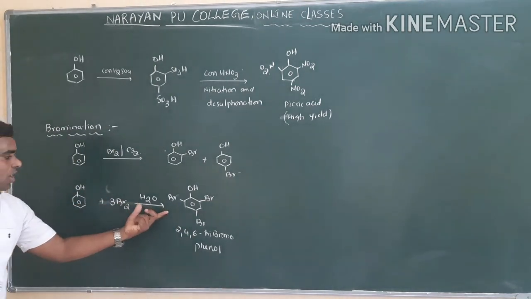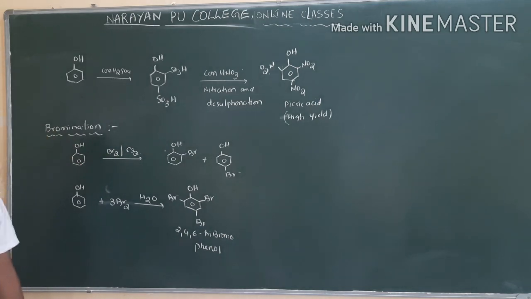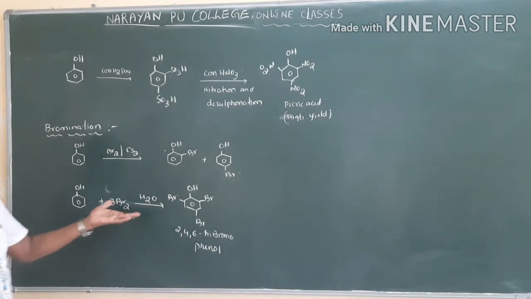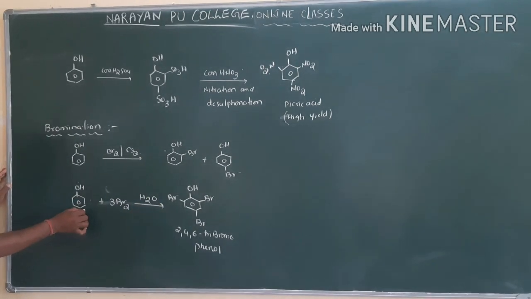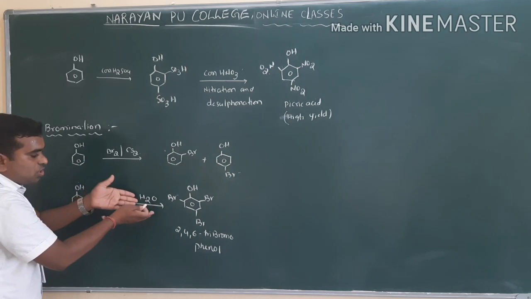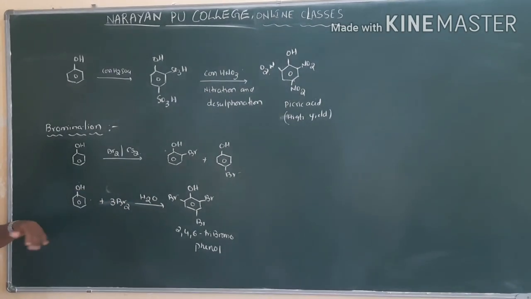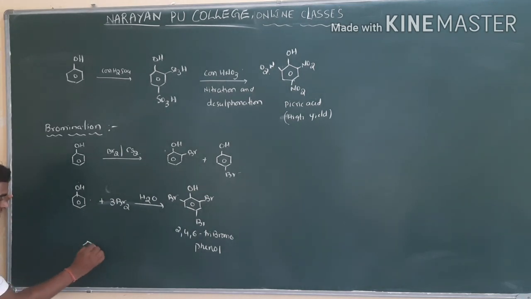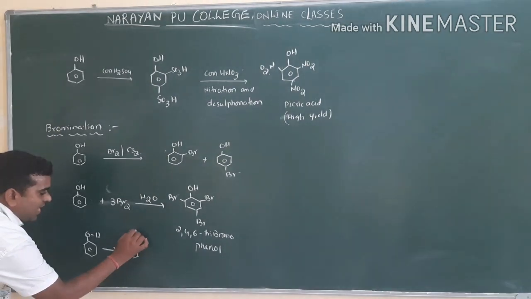In the polar solvent, you get tribromophenol, trisubstituted phenol. Why? What is the reason? Simple. Phenol is a polar compound, so it dissolves in polar solvents. When it dissolves, phenol gets ionized, and you get O minus and H plus.